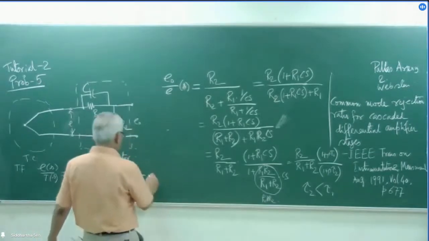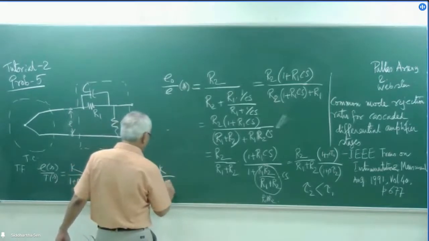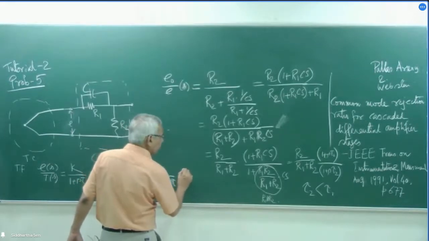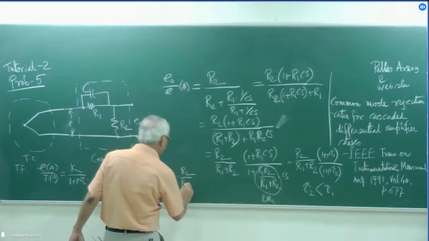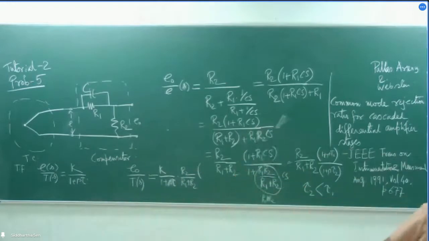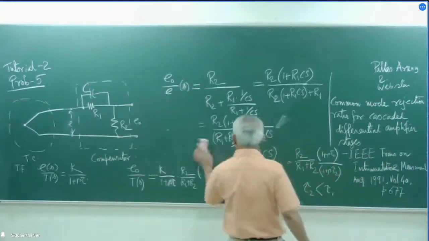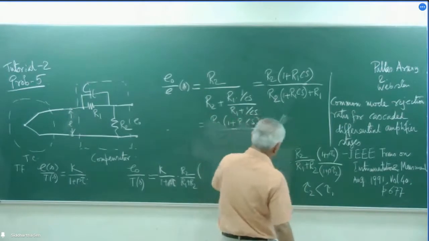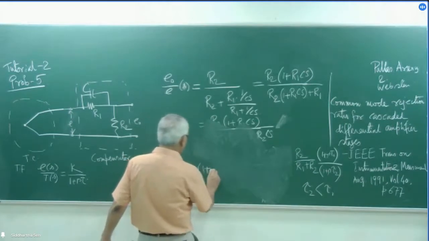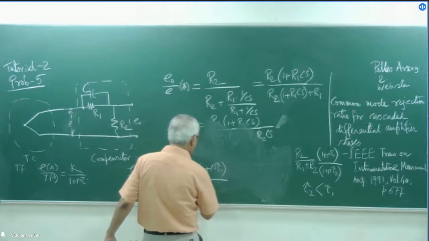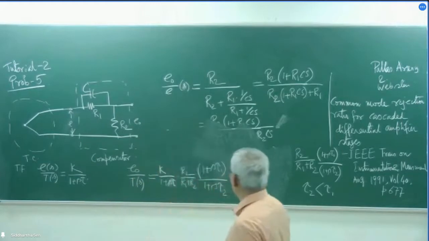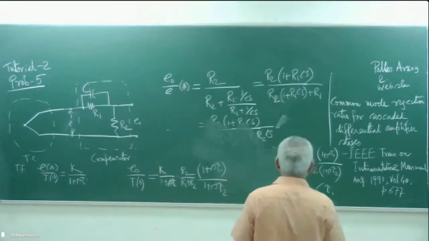So this is equal to K divided by (1 plus S tau) into R2 divided by R1 plus R2 into (1 plus S tau 1) divided by (1 plus S tau 2). Agreed? Is it okay? Yes, sir.